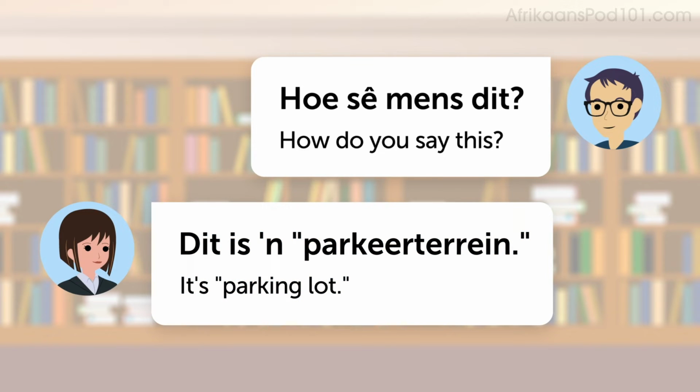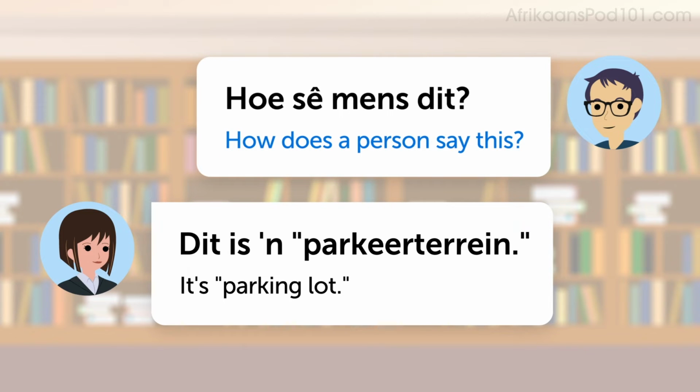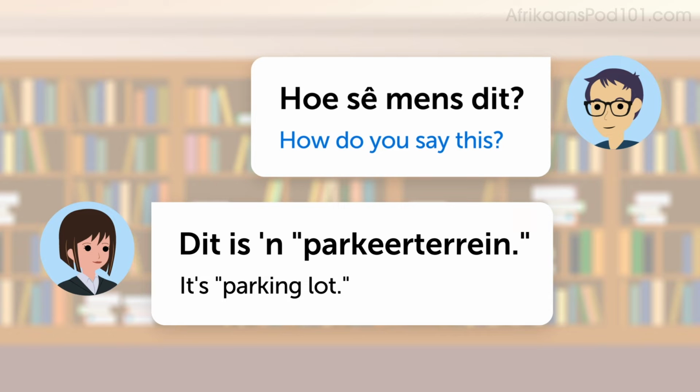First of all, you'll need to learn how to say, how do you say this? That's: Hoe sê mens dit? Listen to it again. Hoe sê mens dit? This Afrikaans sentence literally translates into, how does a person say this? But it means, how do you say this in English?